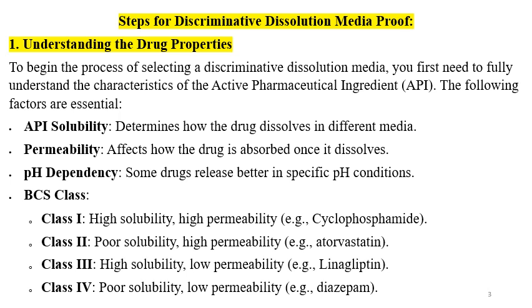Permeability affects how the drug is absorbed when it gets dissolved. pH dependency. Some drugs release better in specific pH conditions. That is also called pH profiling or pH dependent solubility. Then know the BCS class, whether the drug belongs to class 1 or 2 or 3 or 4. So we should know and understand the drug's BCS class.